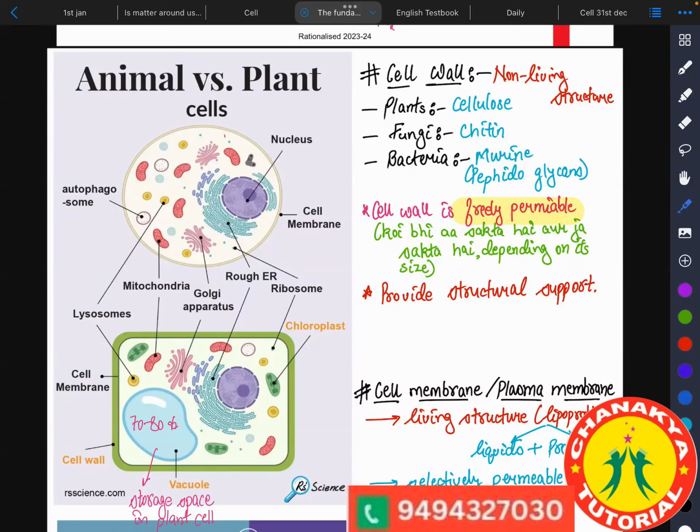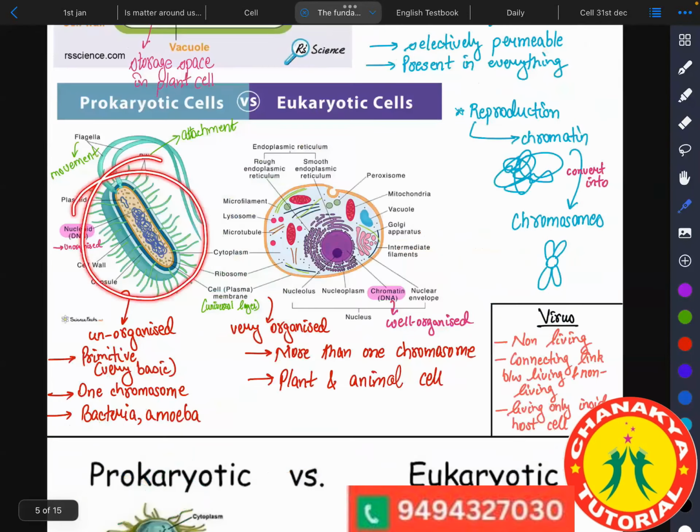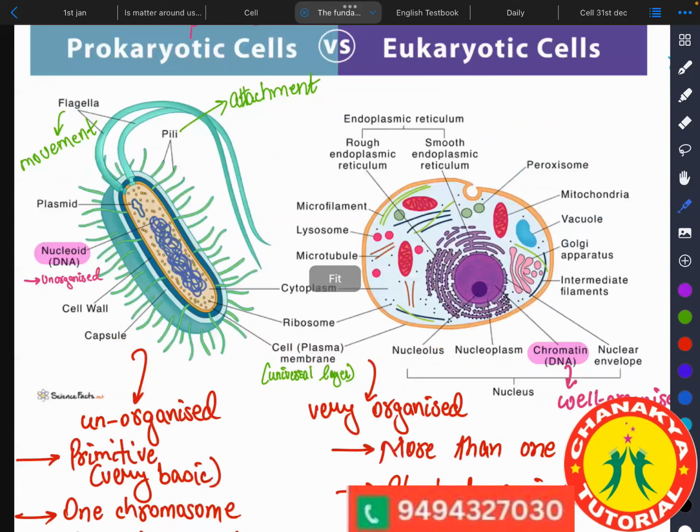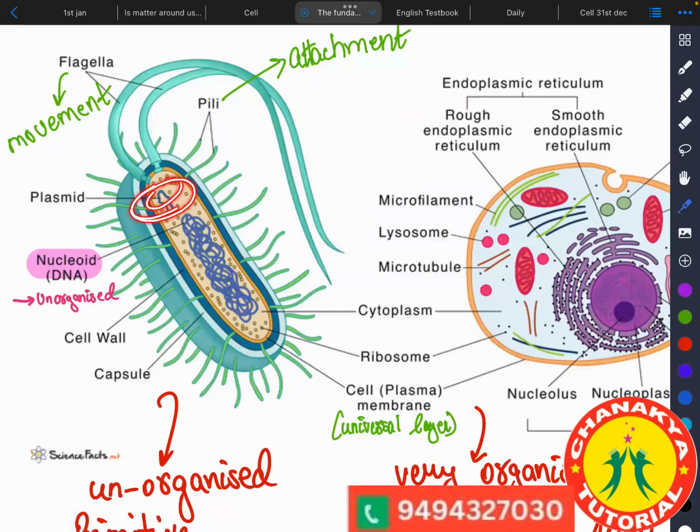Okay, very good. We cannot talk about shape, because the shape of cells differs, but we can talk about specific arrangement. You have seen in prokaryotic and eukaryotic that there is a specific arrangement inside eukaryotic cells, but the arrangement inside a prokaryotic cell is very random. You can see the nucleoid is placed here.